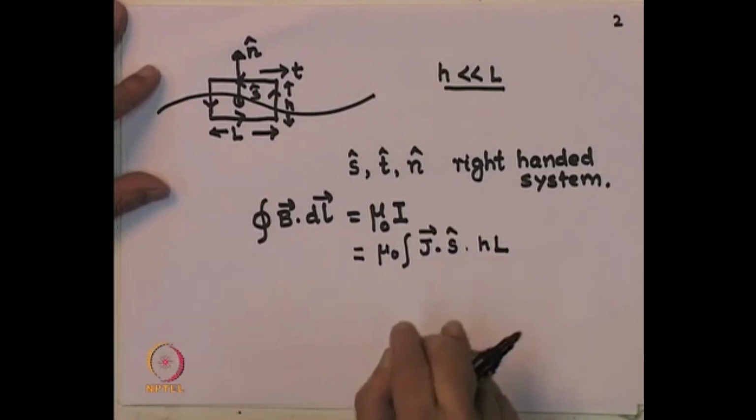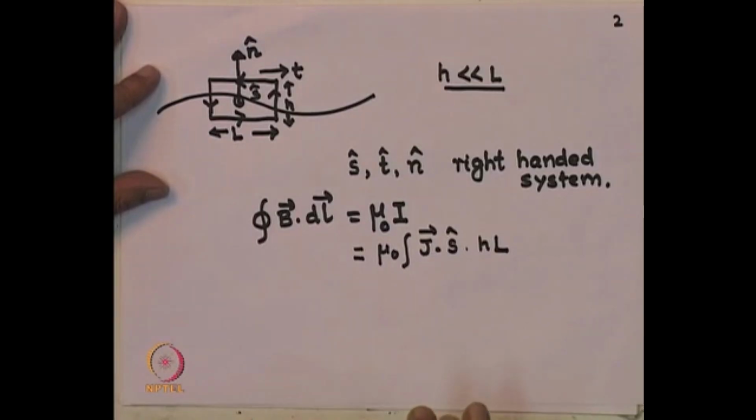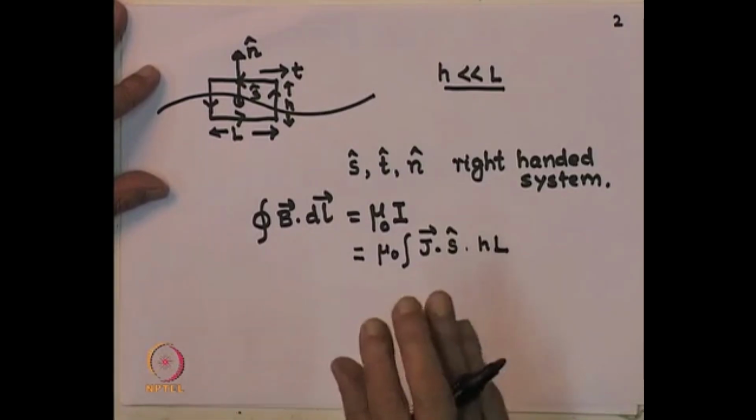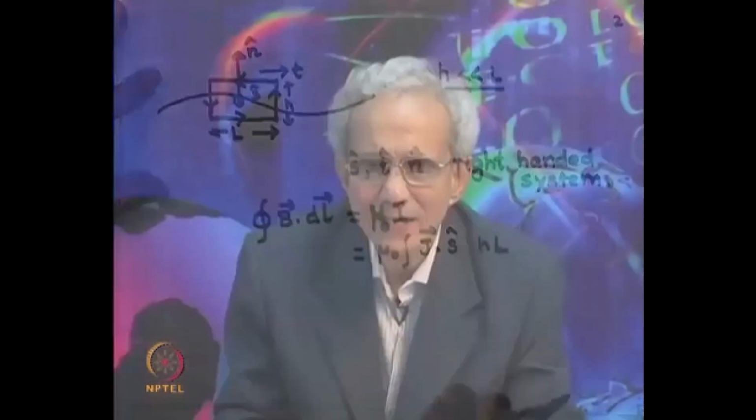Just as ordinary current density is something which passes through an area, a linear current is something which crosses a line.